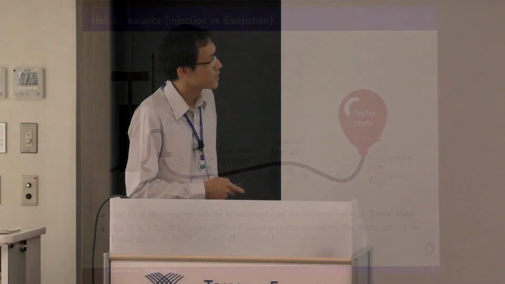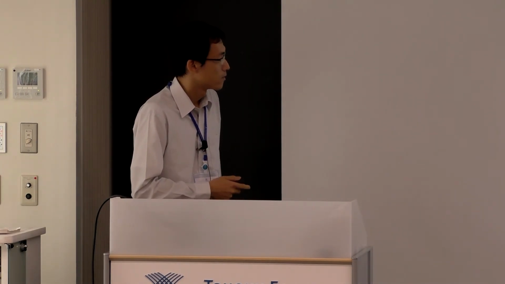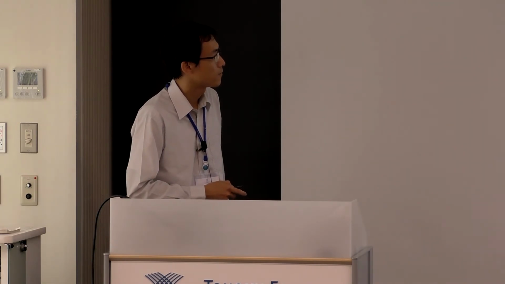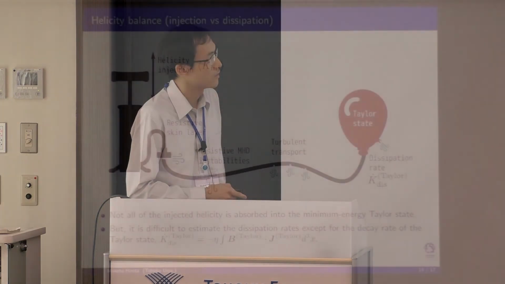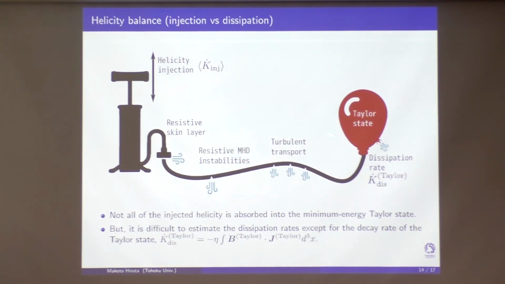However, it is very difficult to estimate the dissipation rate due to these complicated turbulent transports. But we can analytically calculate the dissipation rate of Taylor state like this. By substituting the solution for Taylor state, we can estimate the decay rate of Taylor state.